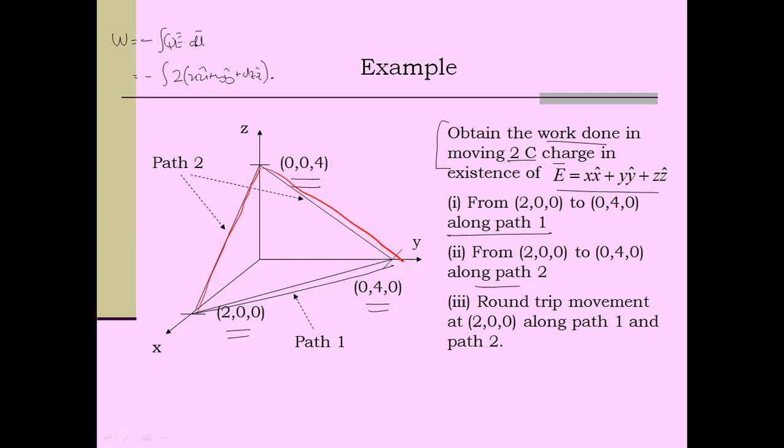The dl depends on the system of coordinate, as I mentioned in the previous slide. Looking at this problem, we are dealing with the Cartesian system, so dl is defined as dx direction of x plus dy direction of y plus dz direction of z. Further on, we can rewrite this equation as -2 times the integration of x dx, plus the integration of y dy, because this is a dot product, plus the integration of z dz.